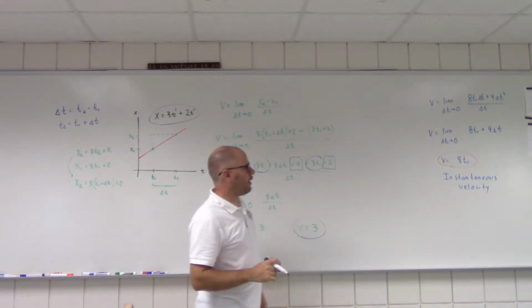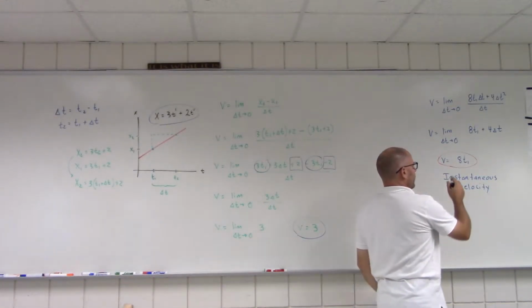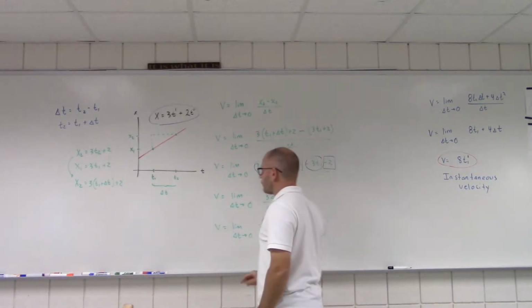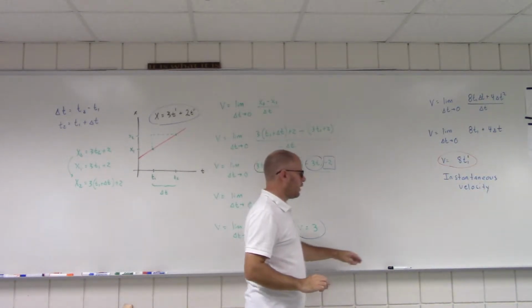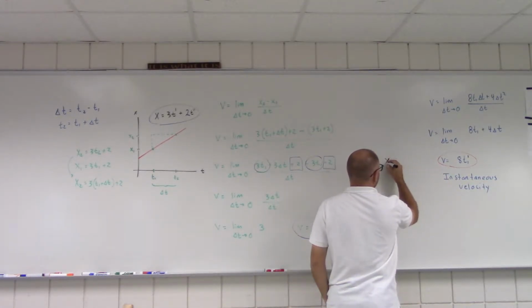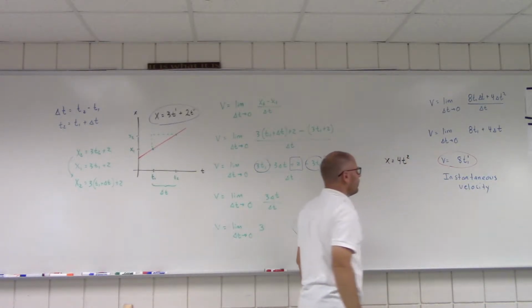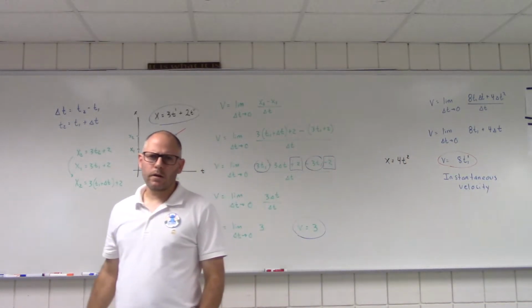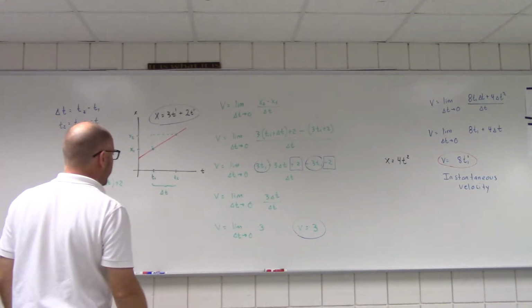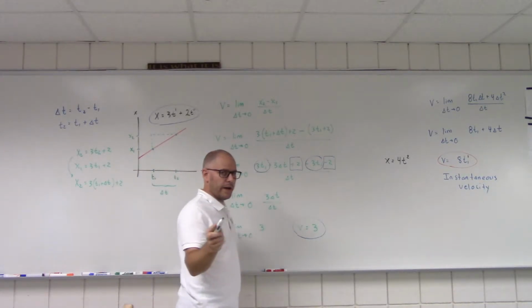So when I come over here, I'm looking at this. This is 8t to the first power. And its parent function, the position function for this one, the position was equal to 4t squared. So what are we noticing here? Well, one of the things, oh, sorry, I forgot one.